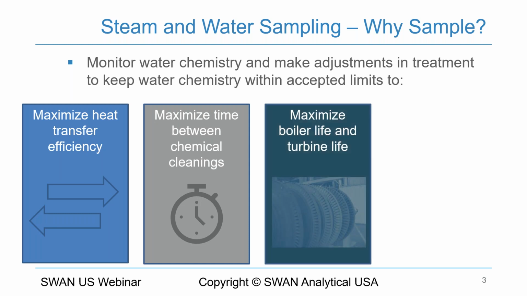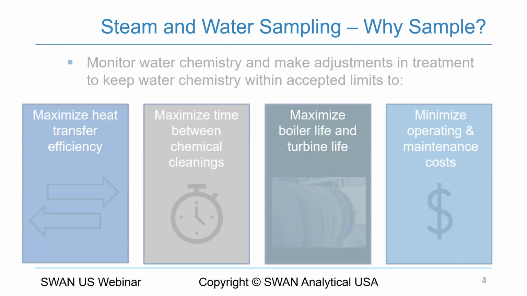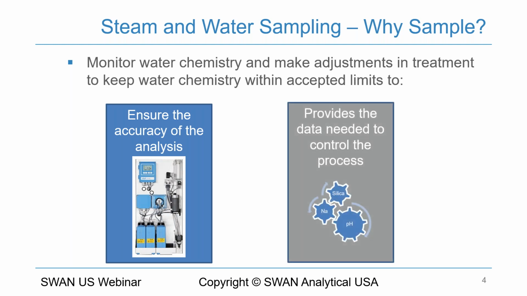Also, we want to ensure that we maximize the boiler life and the turbine life while minimizing operating and maintenance costs. Also, we want to ensure that we have the accuracy of the analysis and that we are able to do that repetitively so that we can provide the data needed to control the process.